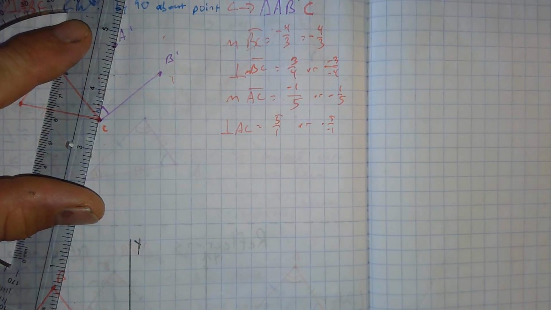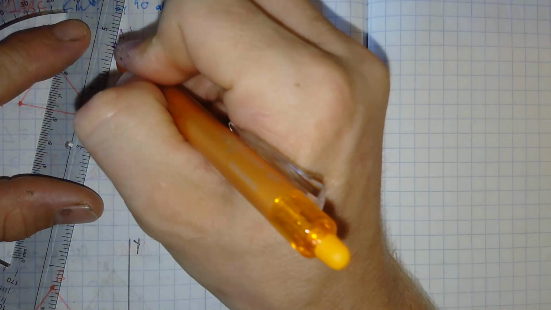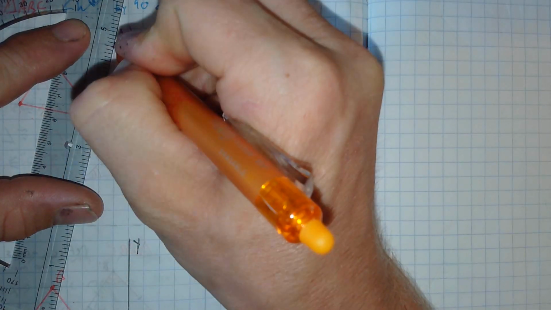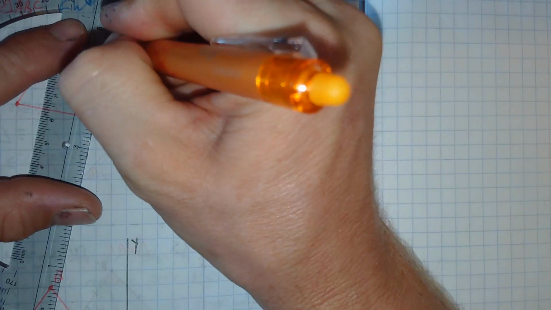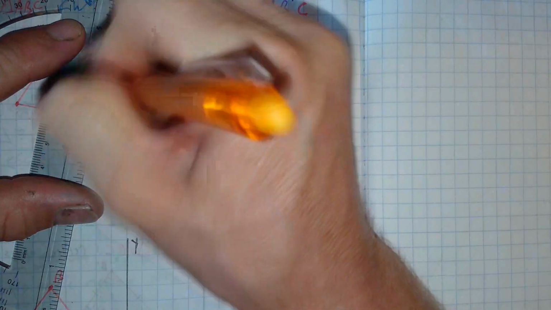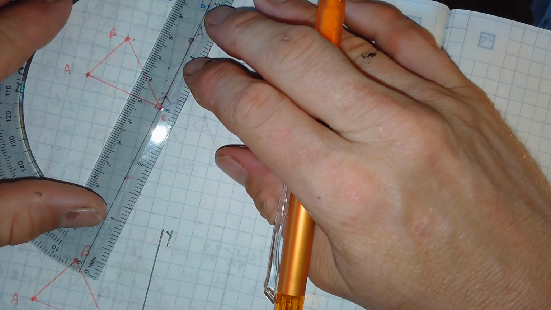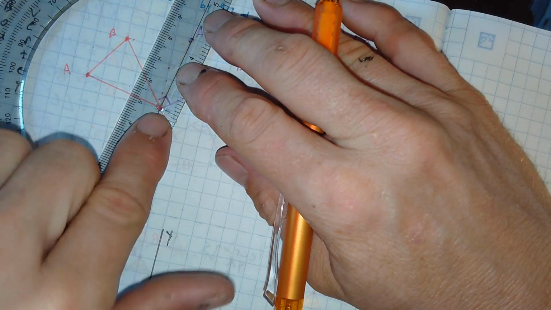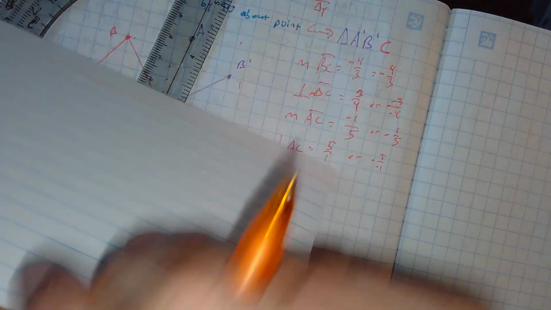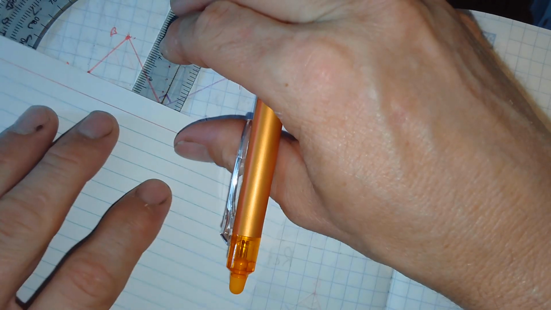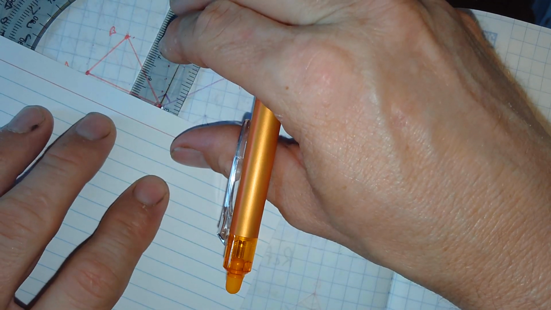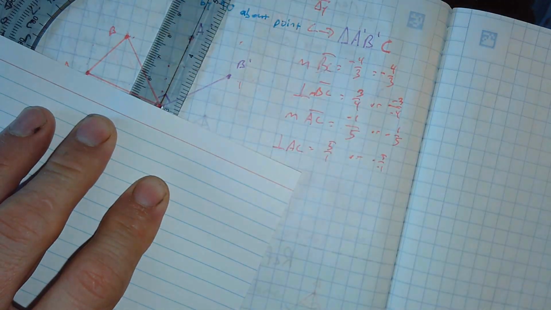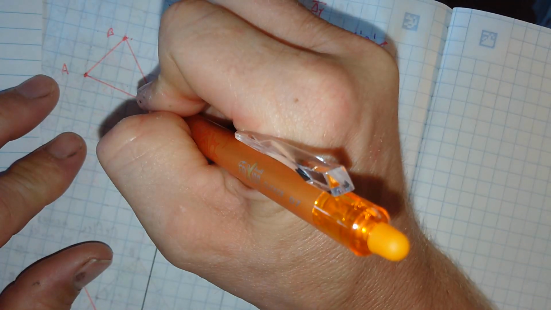Let me make this a different color. Okay, so initially I'm just going to make it that color so you can see that if I take my protractor and line up that line, I will find that it is 90 degrees difference between here and here.